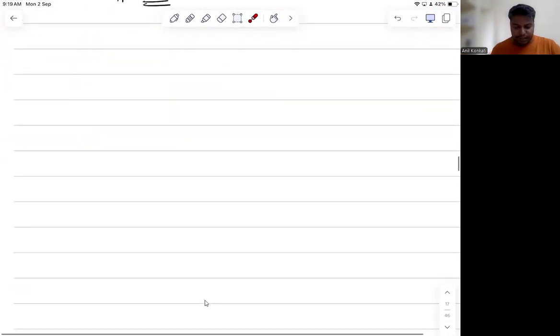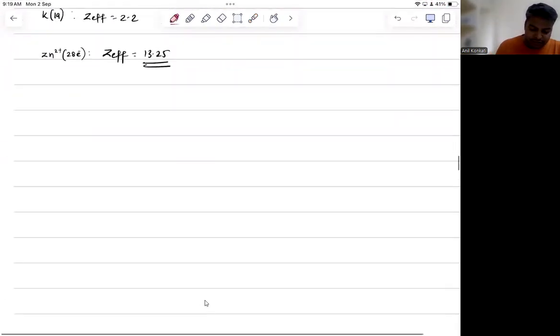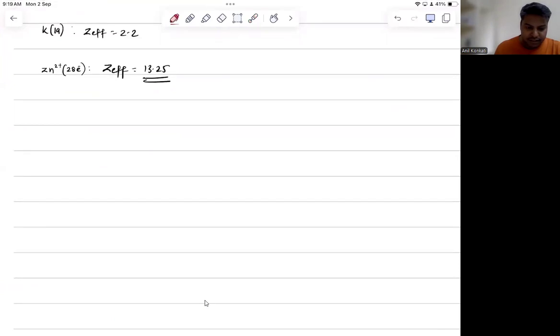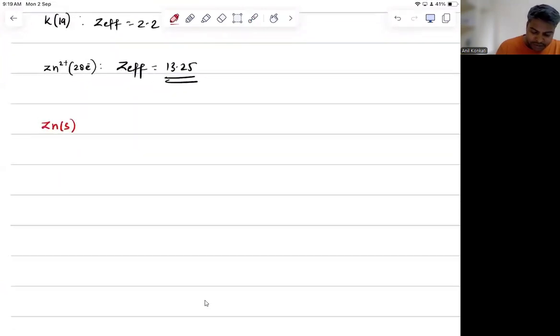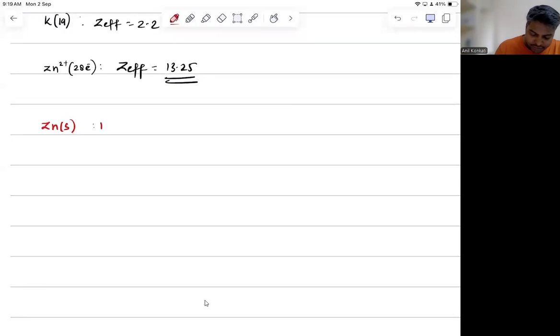We will calculate one more example just to ensure that what we have done is correct. We'll do it for zinc, everybody. Why don't you try it with me? Zinc, we will have the configuration as 1s2, 2s2, 2p6, 3s2, 3p6, 3d10, and 4s2.